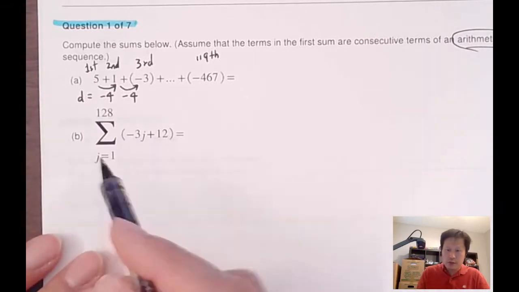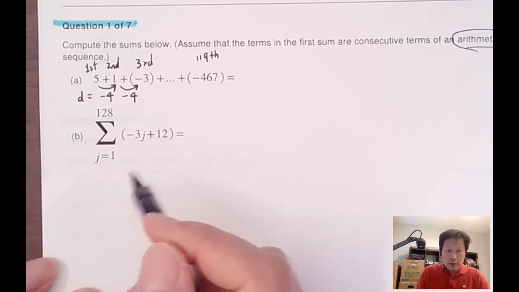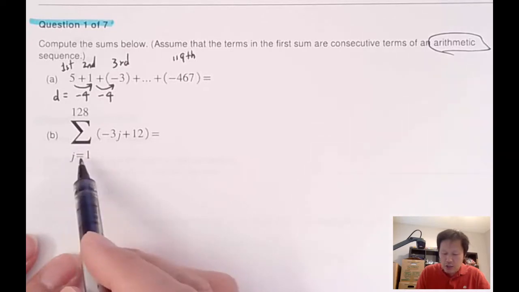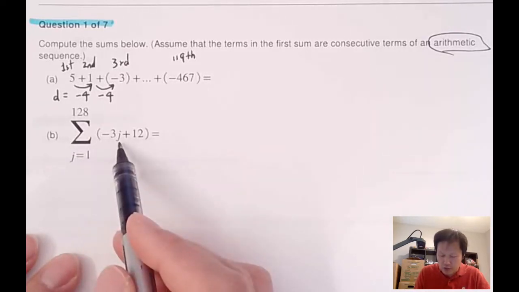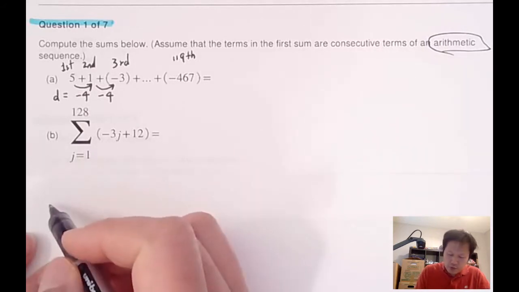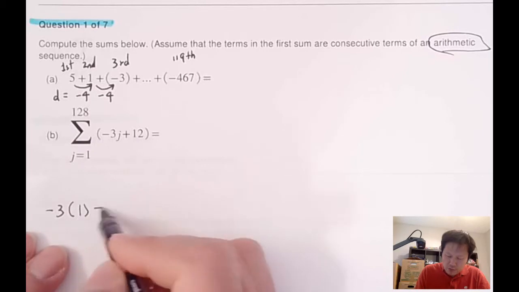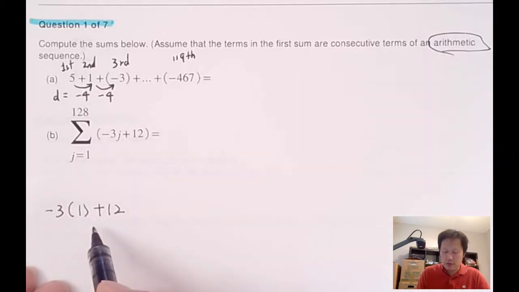Let's go over one more time. What does sigma mean? J is equal to 1. Plug that starting value of j into this expression, which becomes what? Plug in 1, so it should be minus 3 times 1 plus 12. That's going to be what? 9. 9 is the first element.